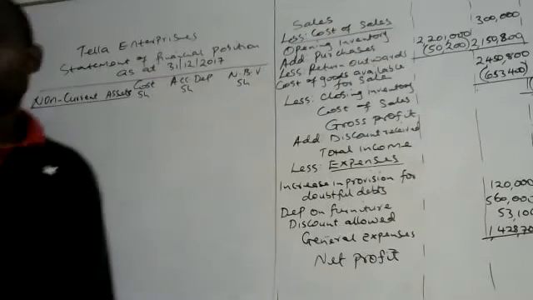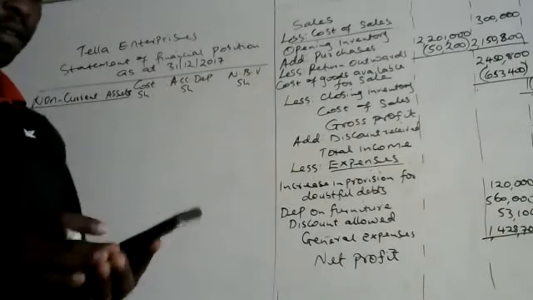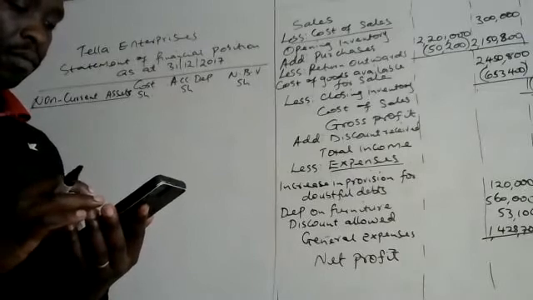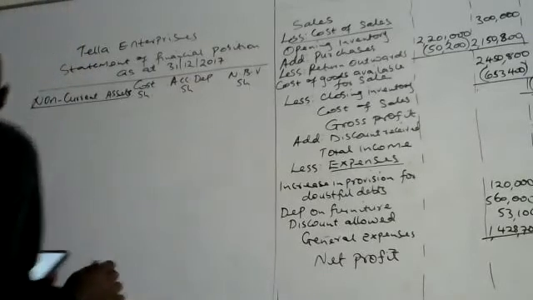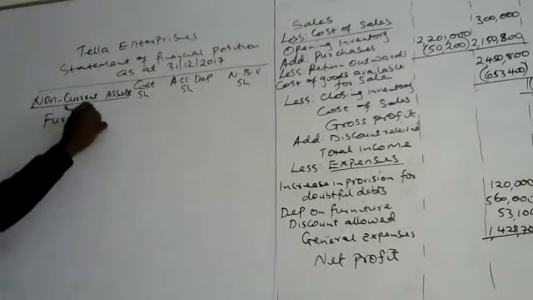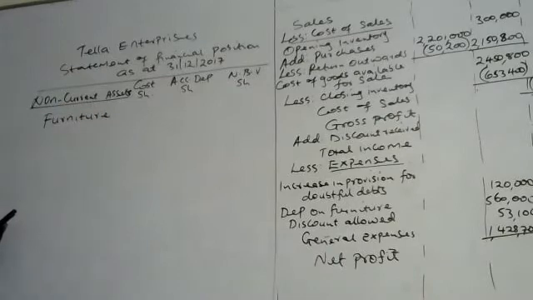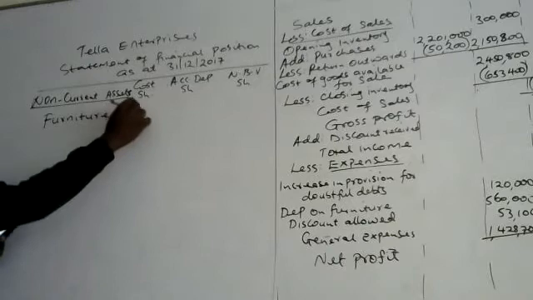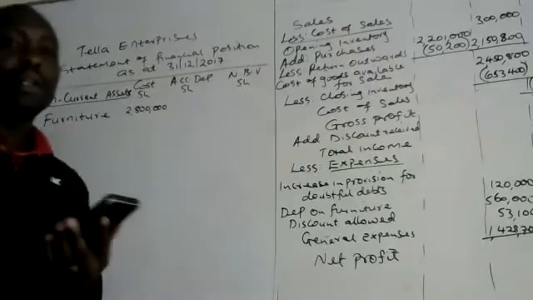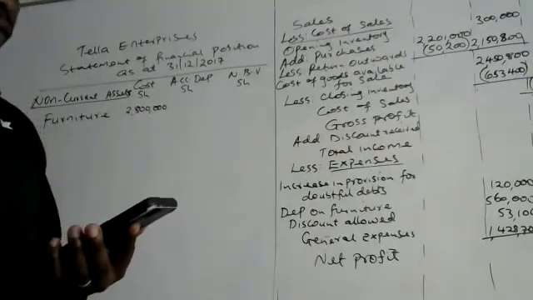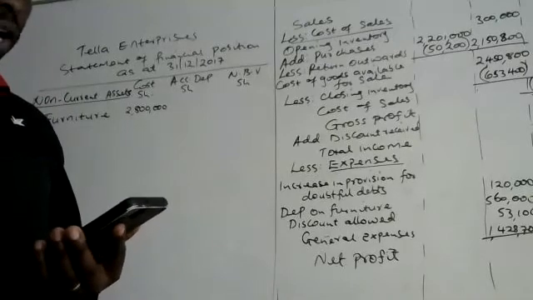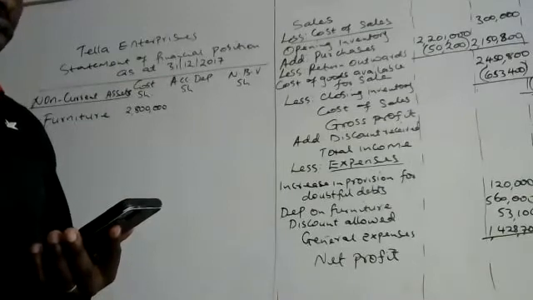And the non-current assets that we had in this business was furniture. Whose cost was 2,800,000. But when you go to accumulated depreciation, we are given provision for depreciation on furniture.